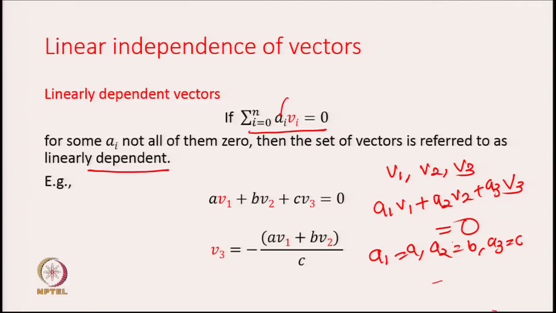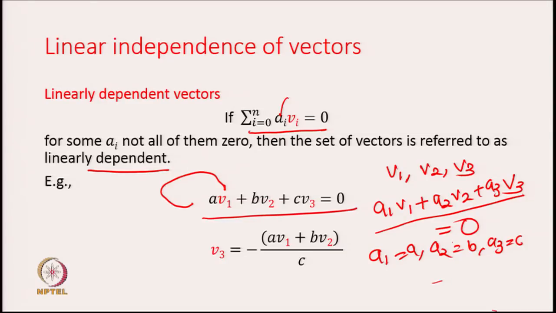So, if I choose the value of a1 as a, a2 as b and a3 as c, I can make the linear combination a1 v1 plus a2 v2 plus a3 v3 equal to 0, and we call this situation that these vectors v1, v2 and v3 would be linearly dependent, and let us see why this is.